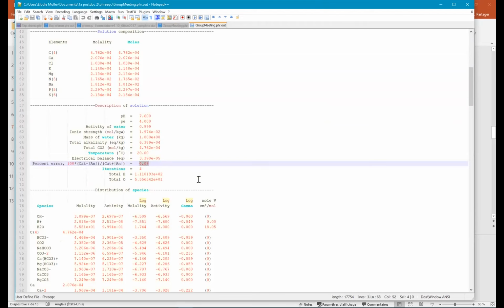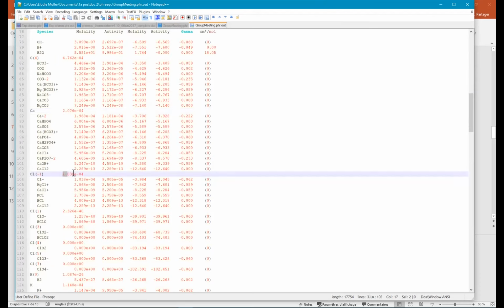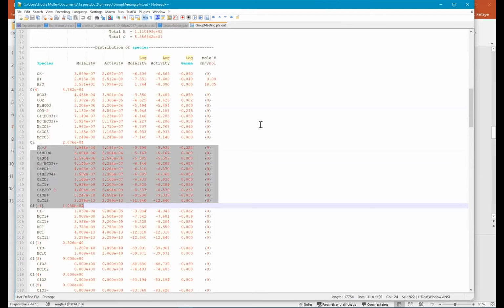0.09, this is perfect. If it's more than 10, again, you have a problem somewhere. It means that your solution is not in equilibrium considering all the charges, so you forgot something. Then you have all the speciation of your solution, all the species you have. The total calcium and total chlorine are given by me, but it calculates all the different elements in molalities, in activities, in logarithm.